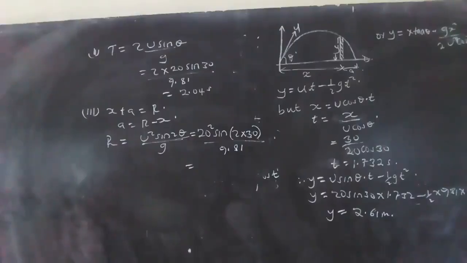Our range becomes 400 times sine of 60 divided by 9.81. The answer is 35.3.